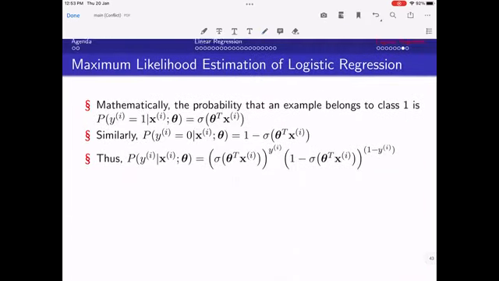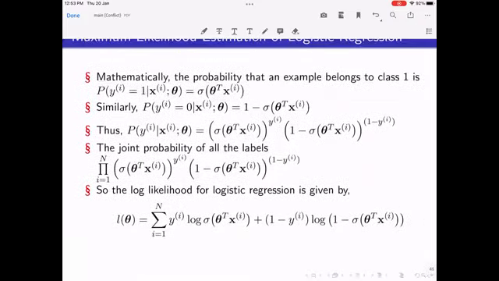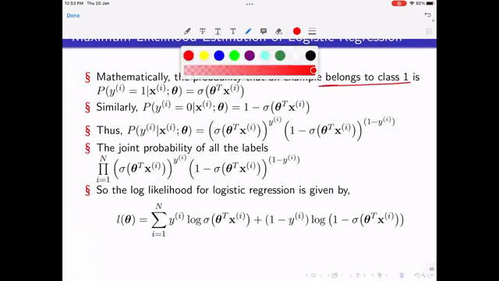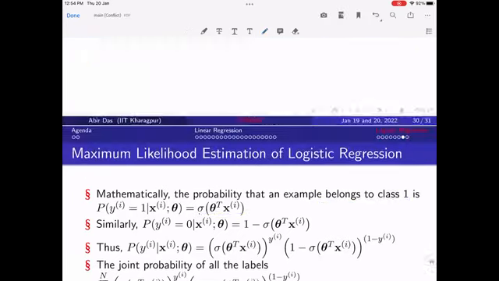So I think that is probably the last slide. Mathematically, the probability that an example belongs to class 1 is given by this: the probability of y equal to 1 given xi and theta is sigma of theta transpose xi. That's what we have seen in this slide.